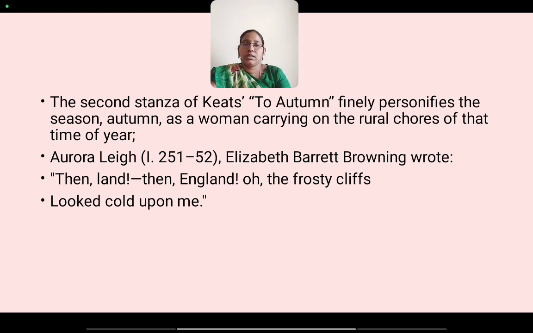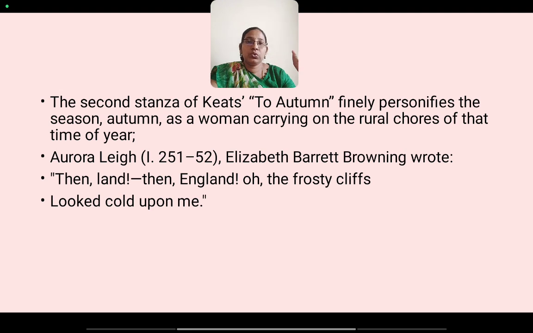The third example is from Elizabeth Barrett Browning's poem Aurora Leigh. She writes, 'Then land, then England, oh the frosty cliffs looked cold upon me.' She is talking about England as a nation, which is something abstract.